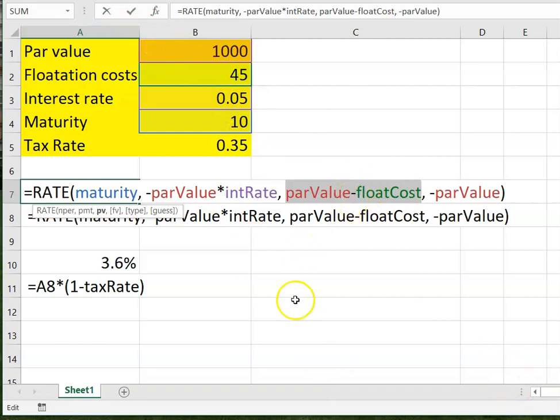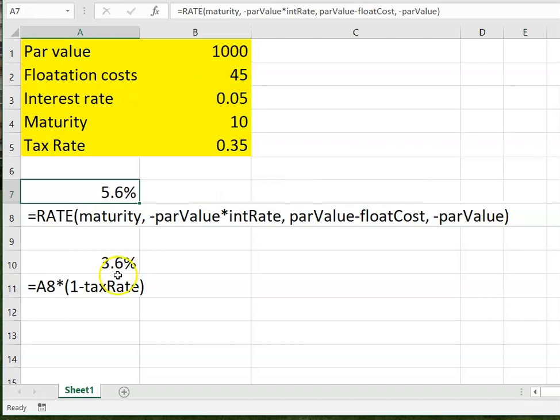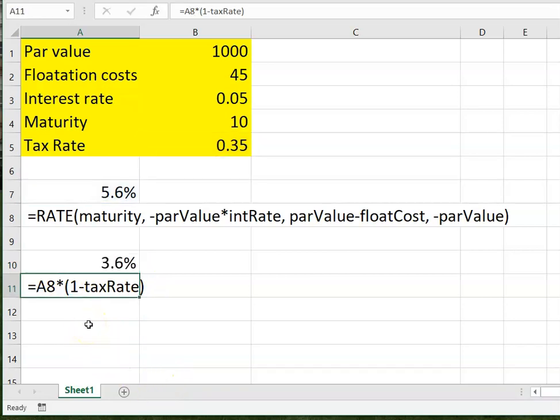But what you put in here is the net proceeds. Don't forget negative numbers. And this one's a positive number. And then the second step is to take 1 minus the tax rate to get your cost of capital.